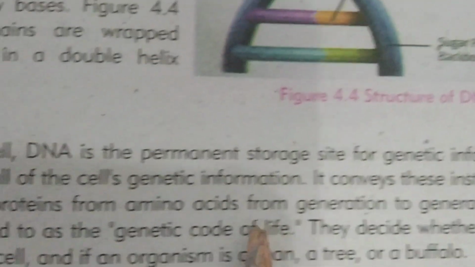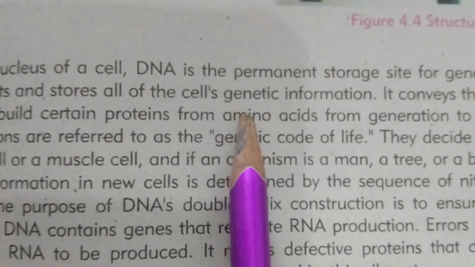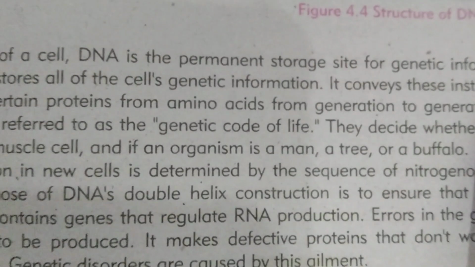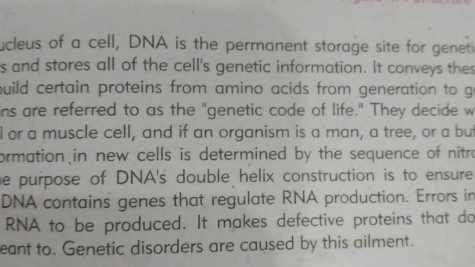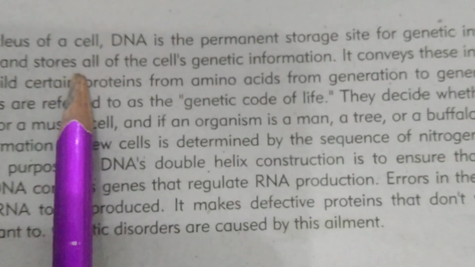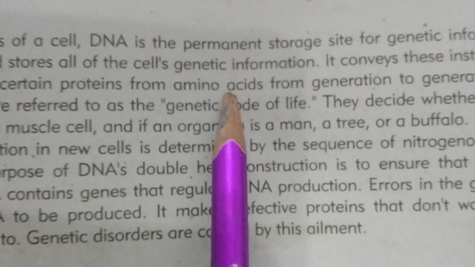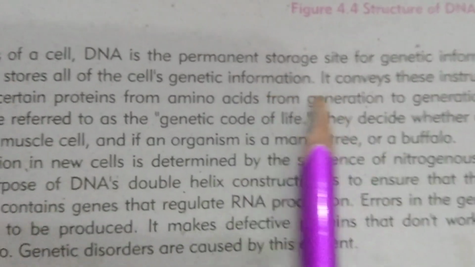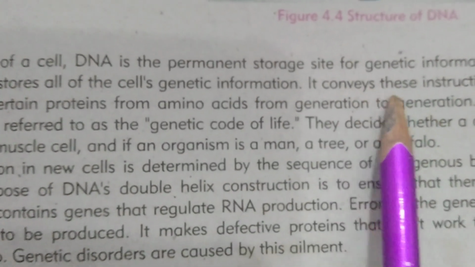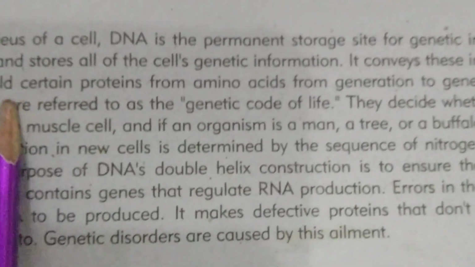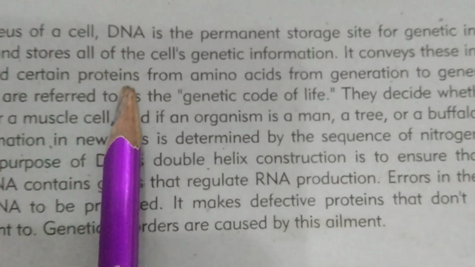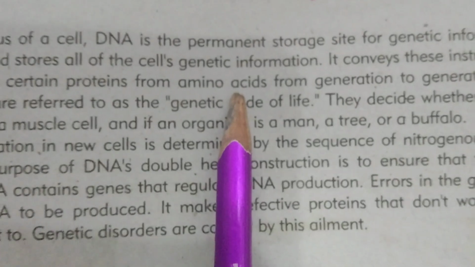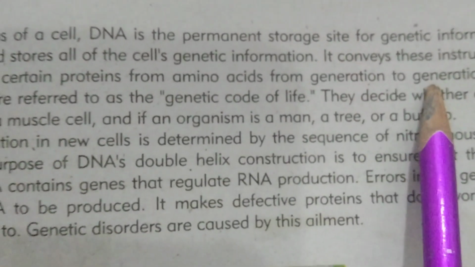So in the nucleus, DNA is the permanent storage for genetic information. It not only transports but stores all the genetic information from generation to generation, and that information is conveyed and used for the construction of proteins from amino acids.